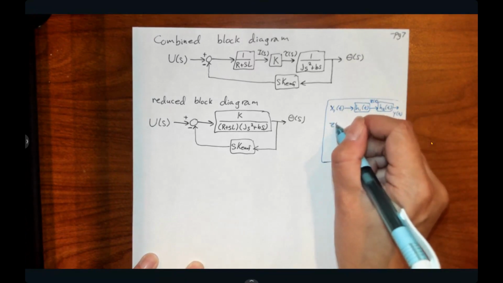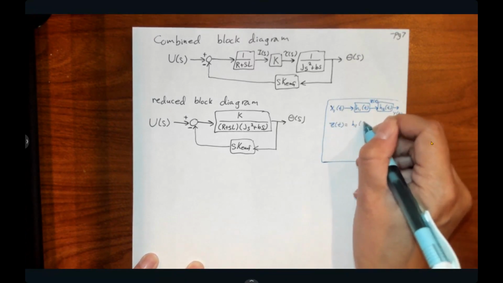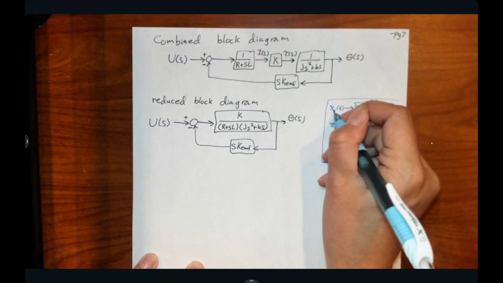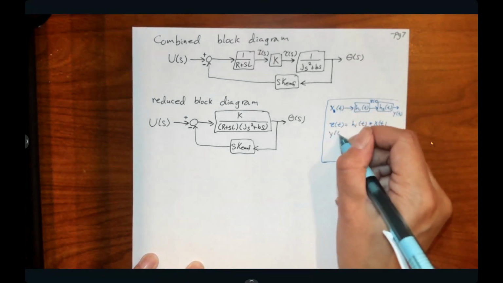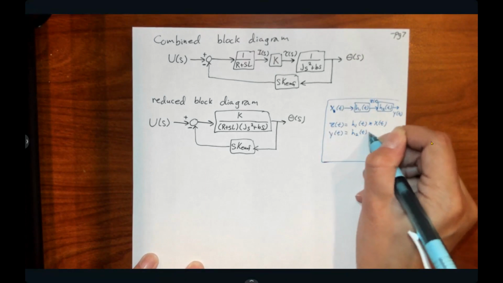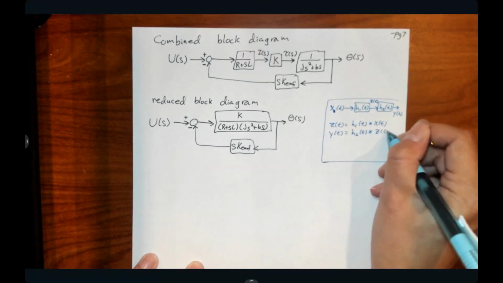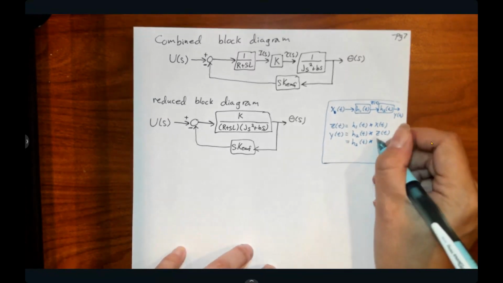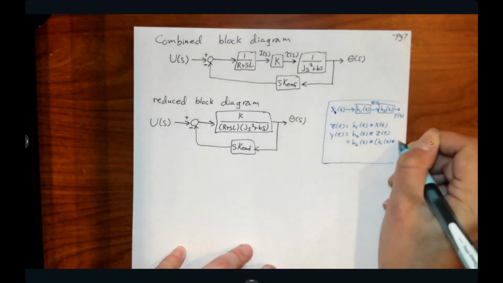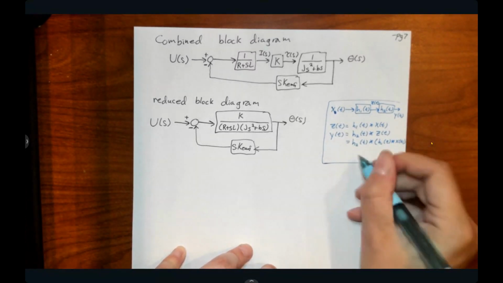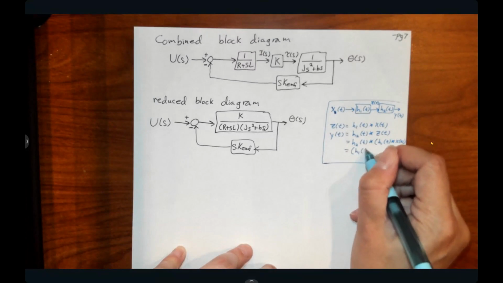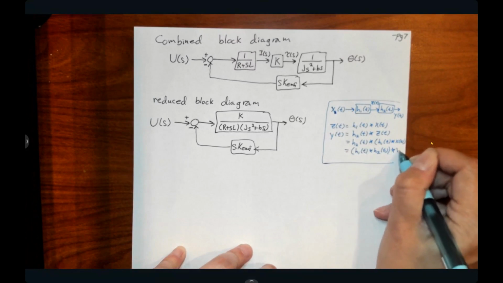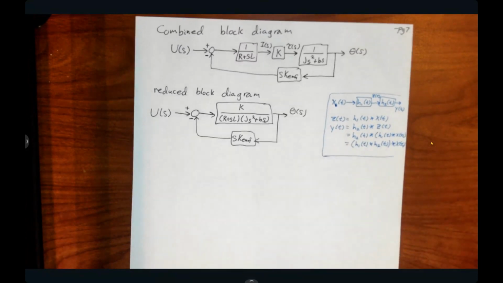So we know that z is h1 convolved with x, and that y is h2 convolved with z, which is h2 convolved with h1 convolved with x. All right, so that's what happens in the time domain.